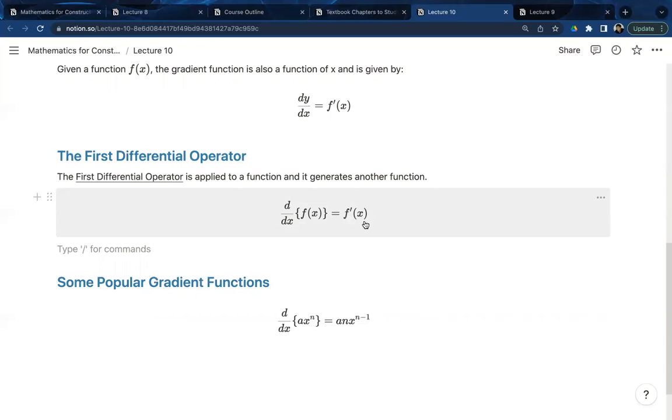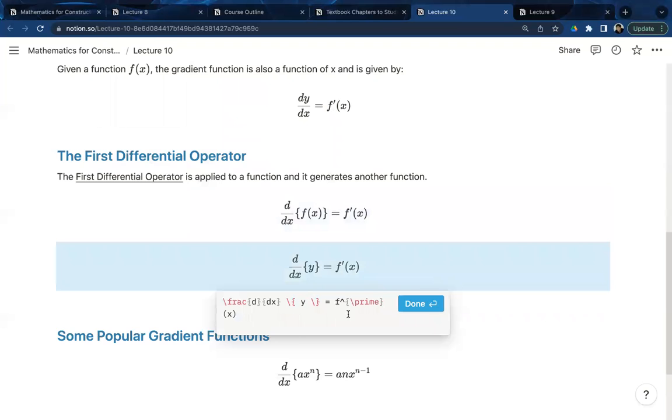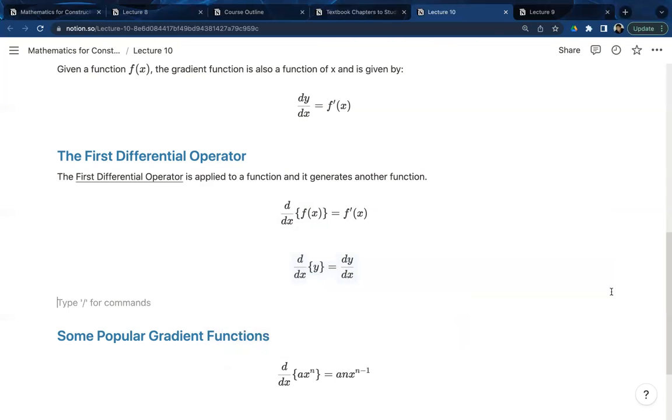It means differentiate one time, right? So what you could also have is the same thing. If you differentiate y with respect to x, you will get dy dx. That's where the terminology comes from. Dy dx is not a fraction, it is a function, right?